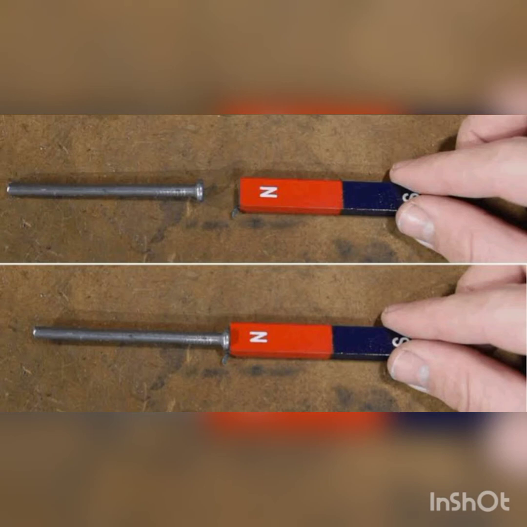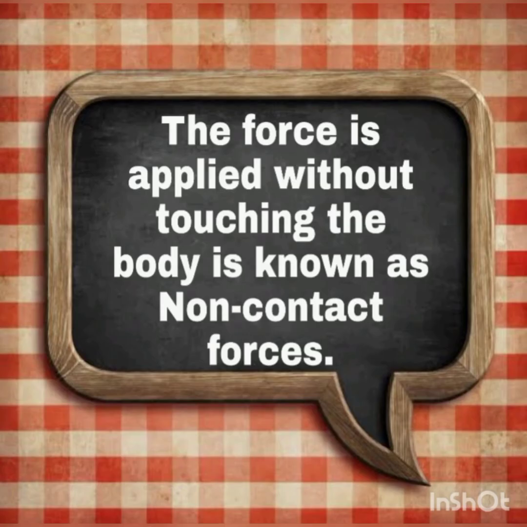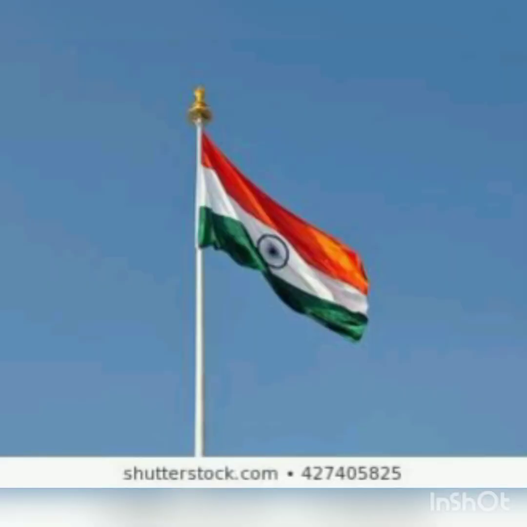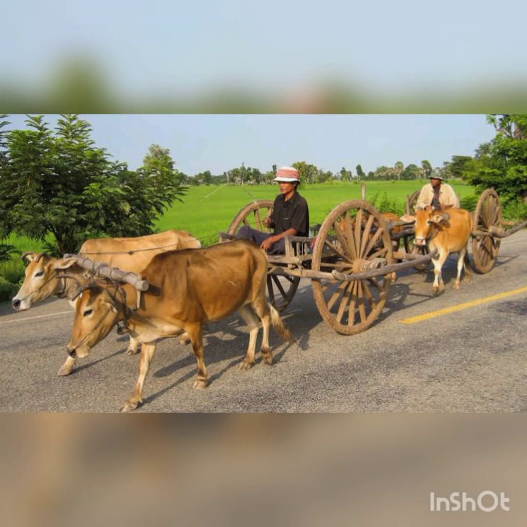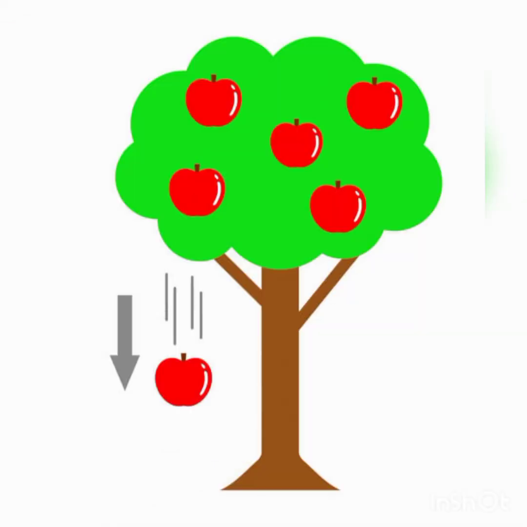Here, the nail and the magnet did not touch each other. Thus, the force is applied without touching the object. Such forces are known as non-contact forces. So, wind making a flag flutter and a cart pulled by a bullock are contact forces. And magnetism and gravity are non-contact forces.